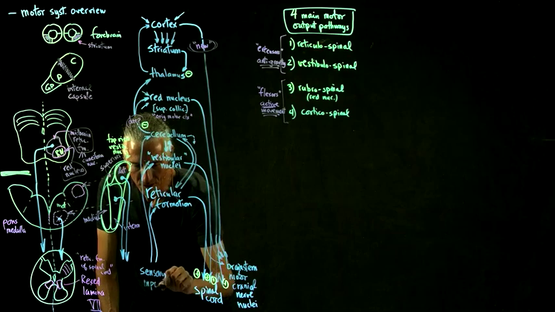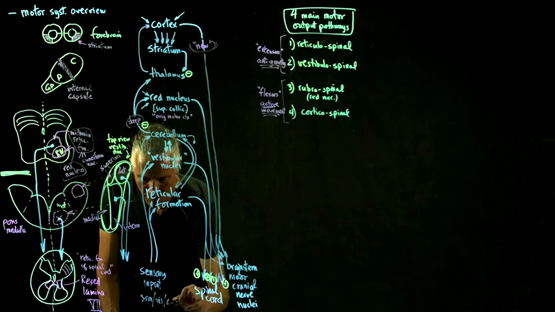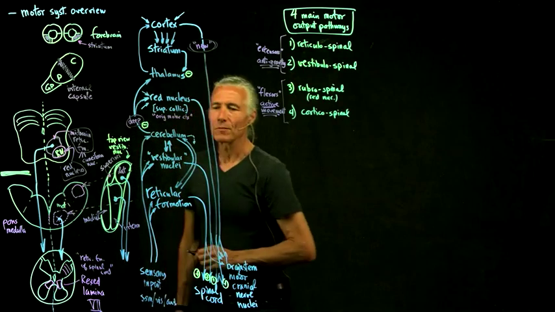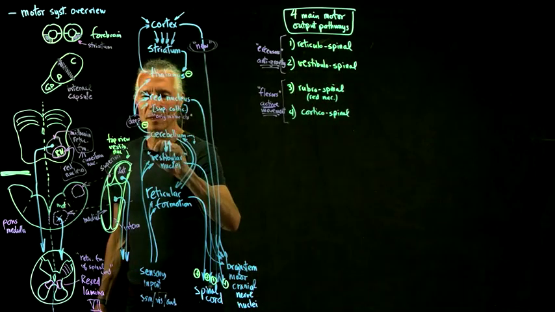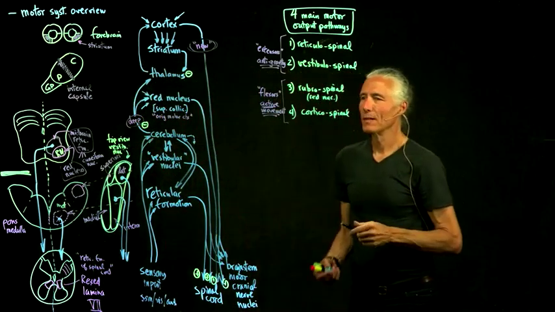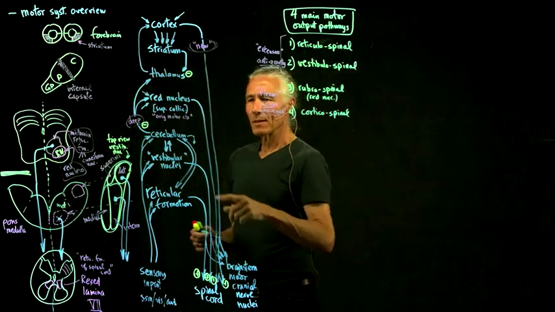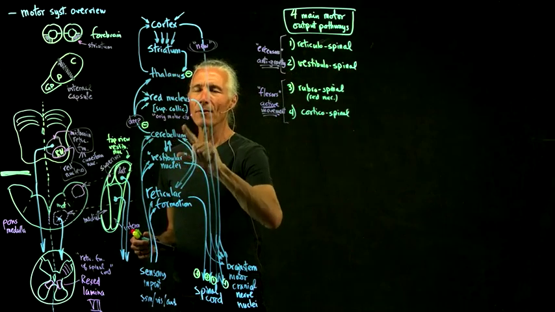That could be visual inputs, somatosensory, auditory. So there's a ton of sensory input going to the cerebellum, to the vestibular nuclei, to the reticular formation. But let's go to the cerebellum and look at another new pathway.